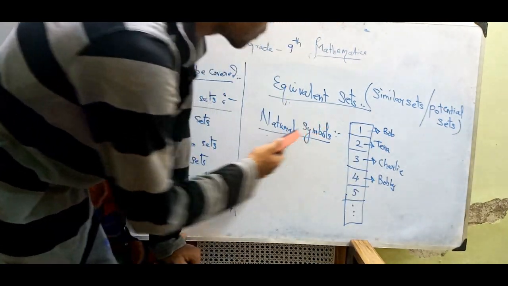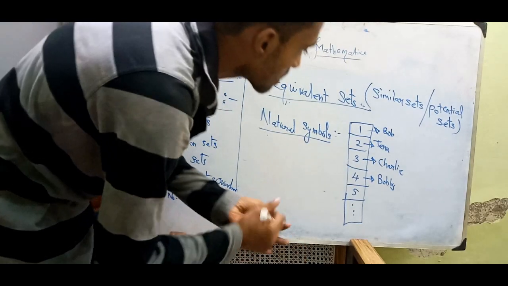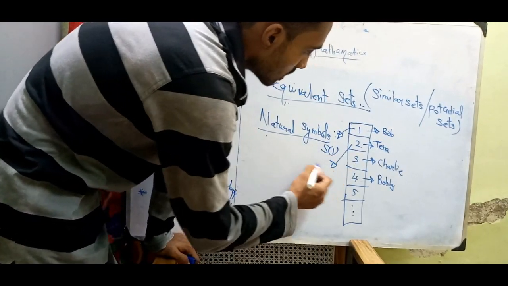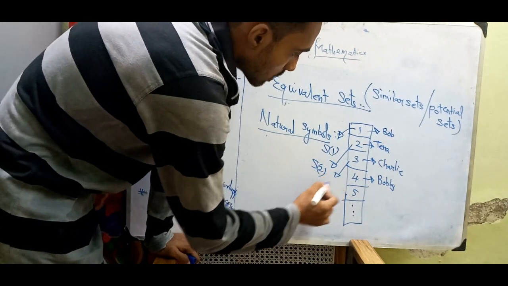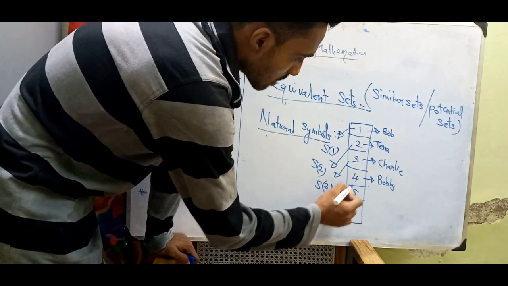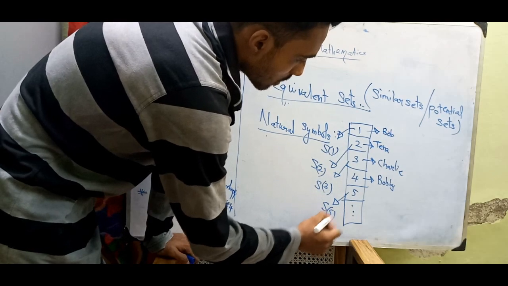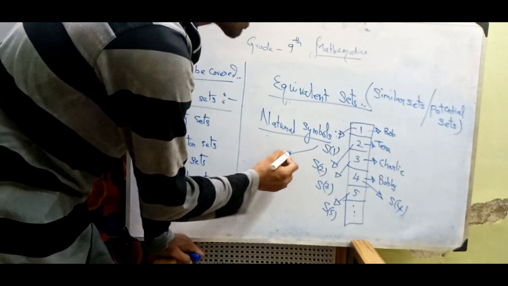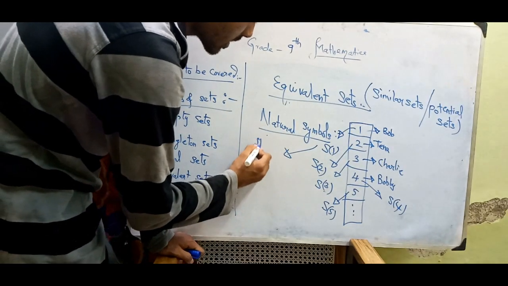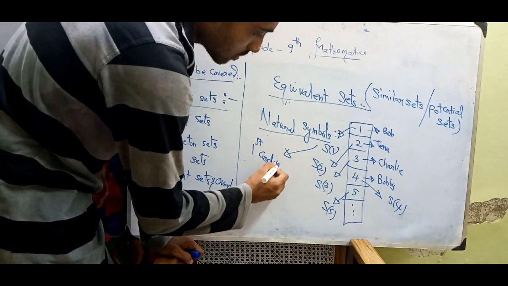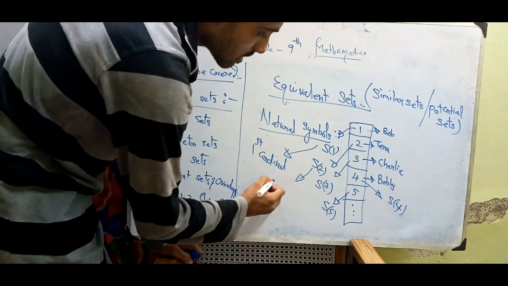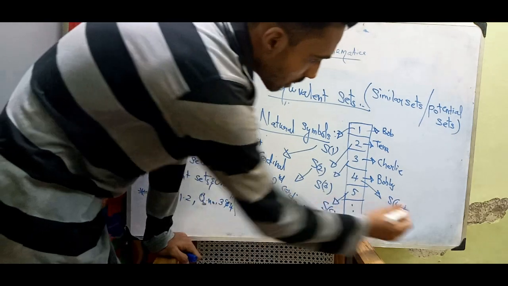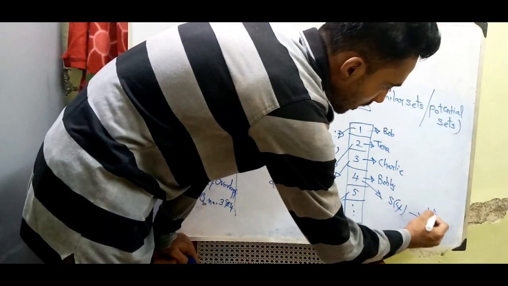I call this symbol 1, these two symbol 2, symbol 3, symbol 5, and this is symbol 4, or you can say this is first cardinal, this is second cardinal, this is fourth cardinal.